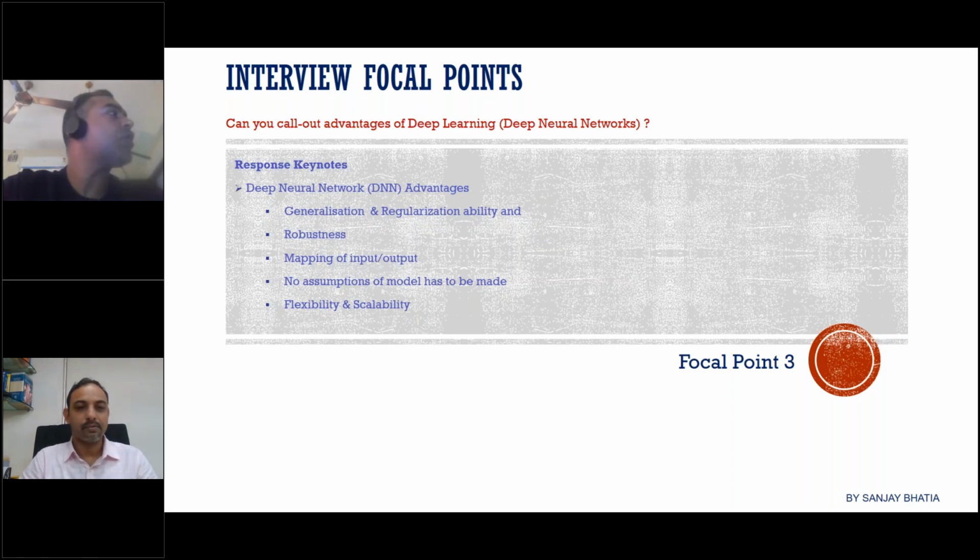I should call out a disadvantage here as well: it needs to be trained on huge data. You need a mass of data to train a neural network, but once it is trained, it is very well generalizable and regularizable. That's one of the key advantages, and it's what we need for these market risk and counterparty credit risk problems.